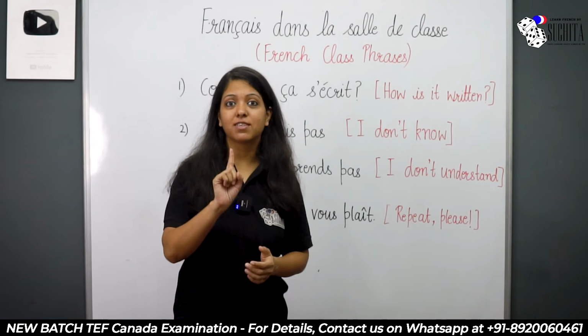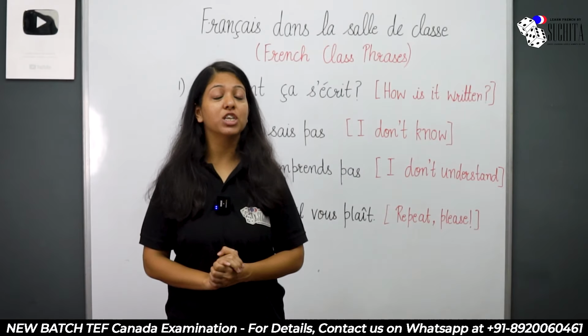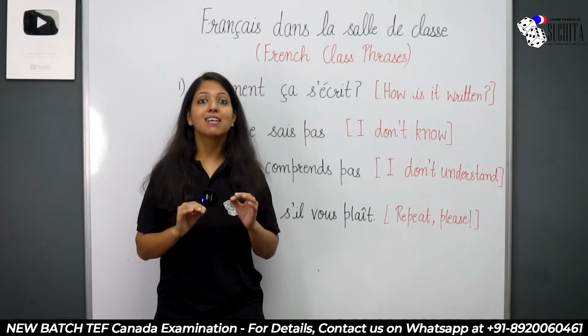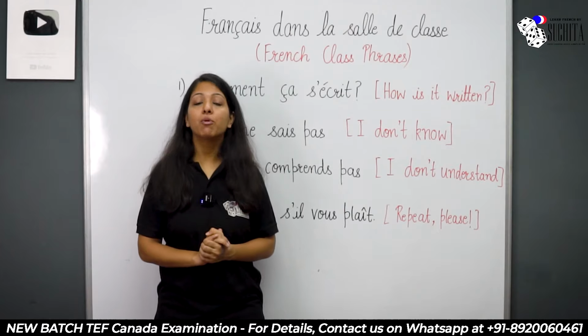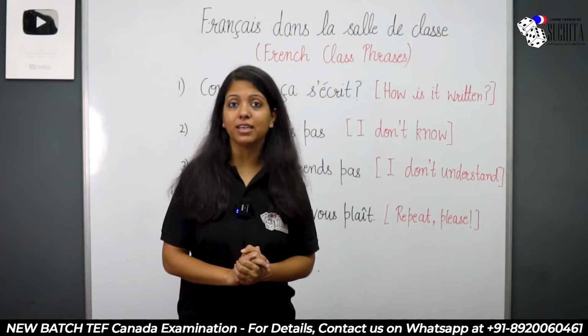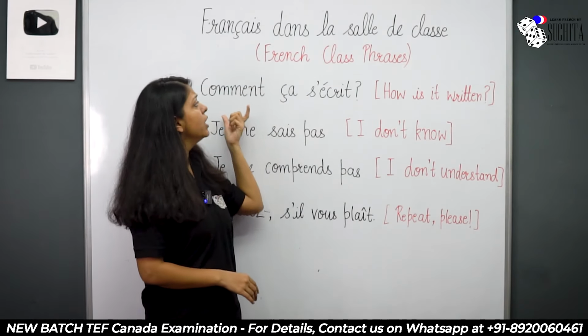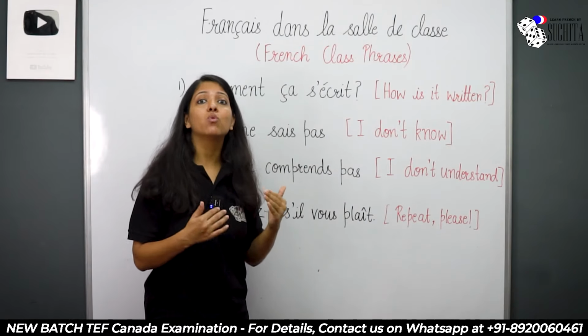The first sentence that I'm going to teach you in French is comment ça s'écrit? I cannot tell you the meaning word by word, but it means how is it written.